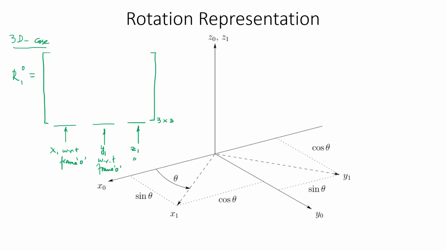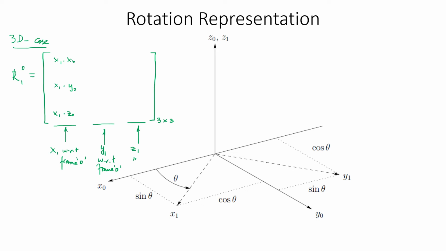Now in this particular realization, I can say that the first column is going to be x1 dot all the other axes of 0th frame, which is x0, y0, and z0. So this is going to be the generic structure of the x-axis of frame number 1 rotated with respect to frame 0.